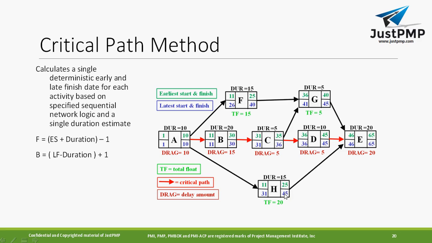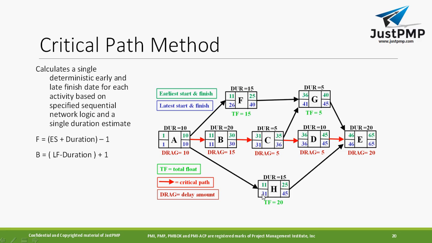We'll take this one first. Here 45. Now 45 minus 20, how much? Sorry, the duration is 15, right? So 45 minus 15 is 30. 30 plus 1 is 31, right?